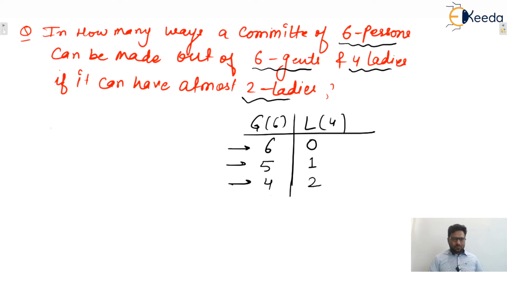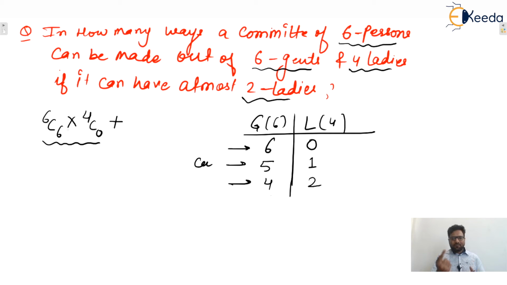So the first case means what? We select 6 gents out of 6, yes or no? And 0 ladies out of 4. Together means multiplication. We select 6 gents out of 6, and that can be done with 6C6, or not? 6C6 means 1, select all of them.